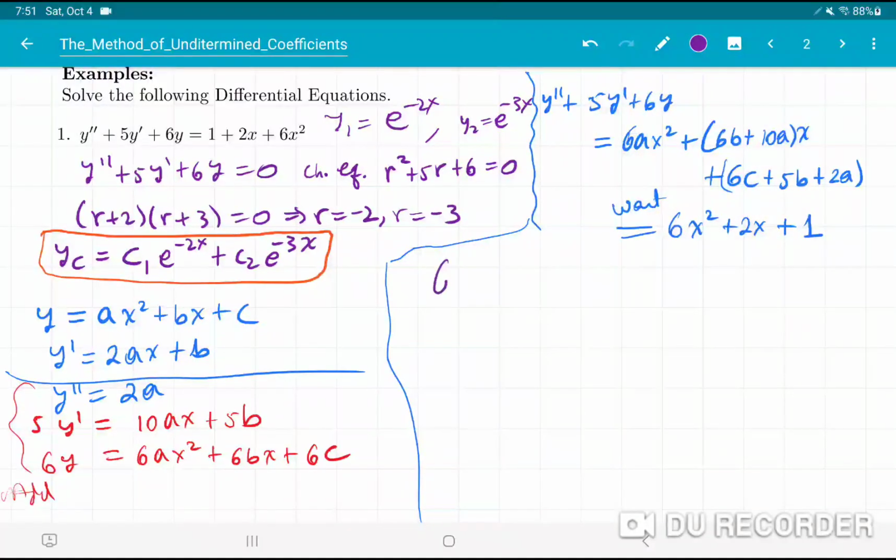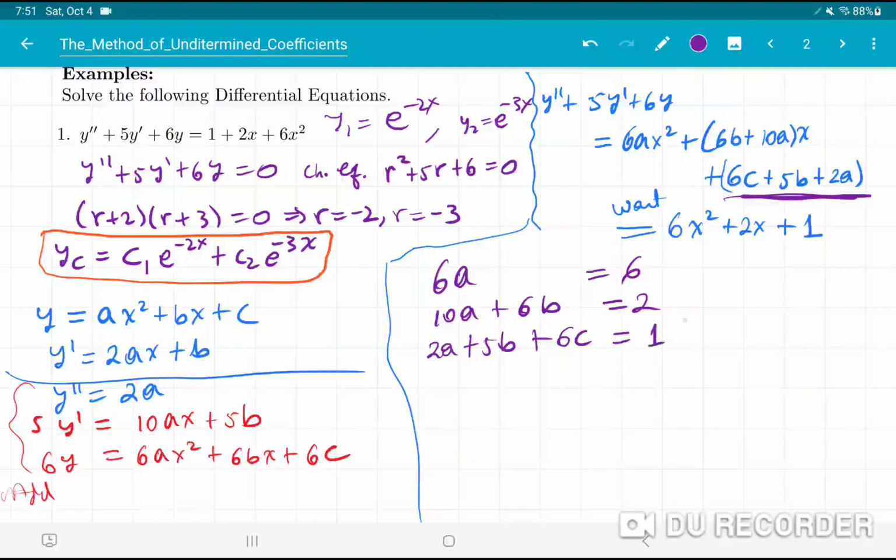So the coefficient for x squared, 6a, should equal the number 6. And 10a plus 6b should equal 2. The third one is 2a plus 5b plus 6c. We want that to equal the constant term, 1.